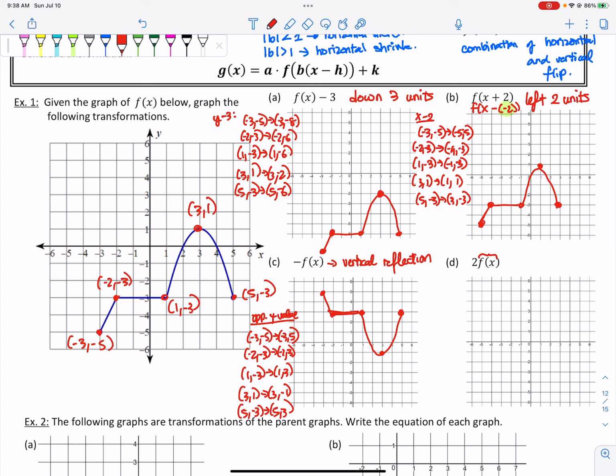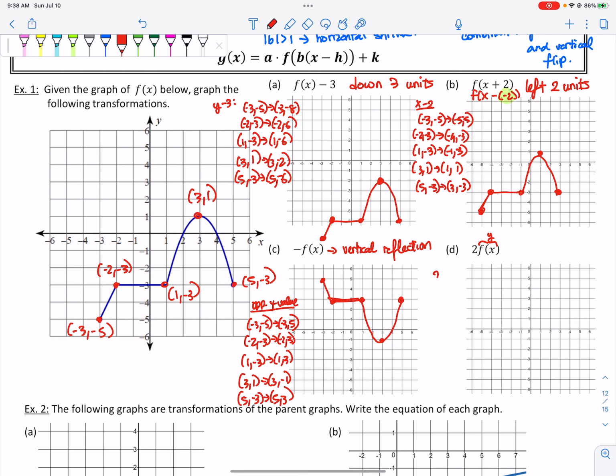Remember that f(x) is the same thing as the y value, so we're going to multiply the 2 to the y value. These points, (-3, -5): we multiply the y value by 2, so we end up with (-3, -10).